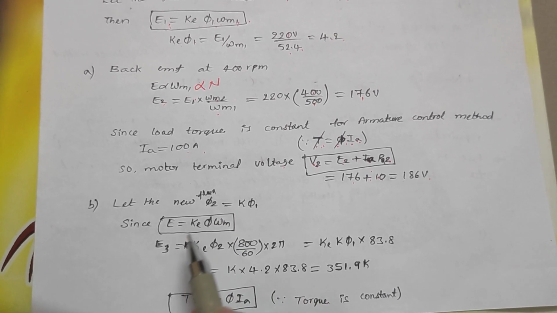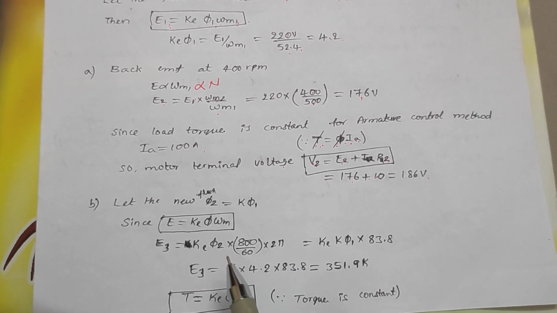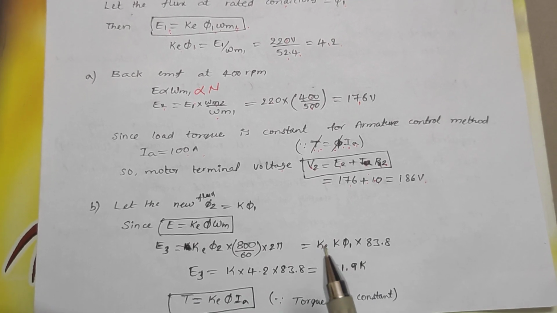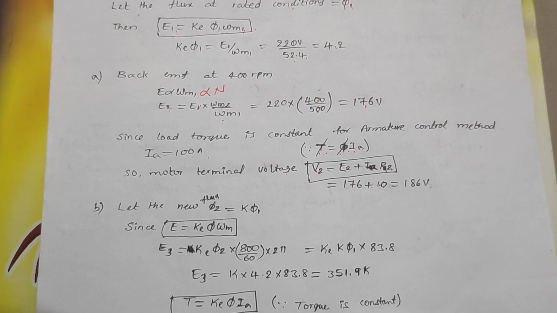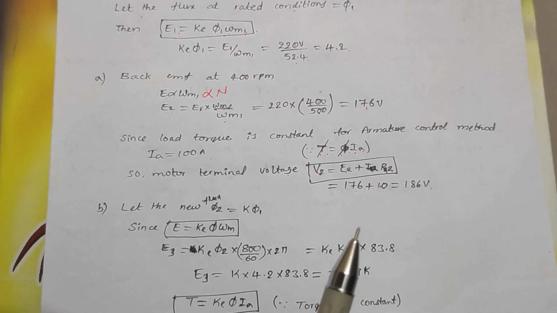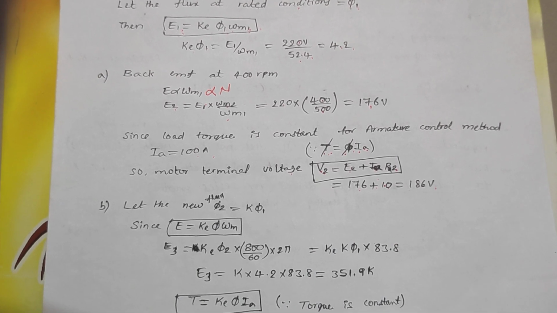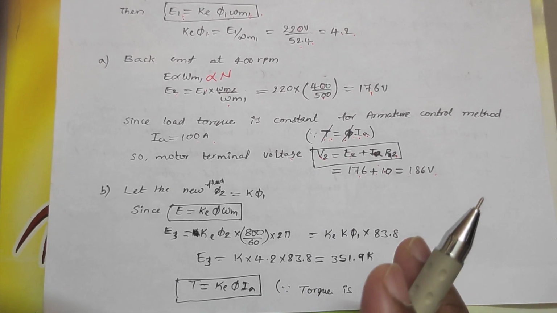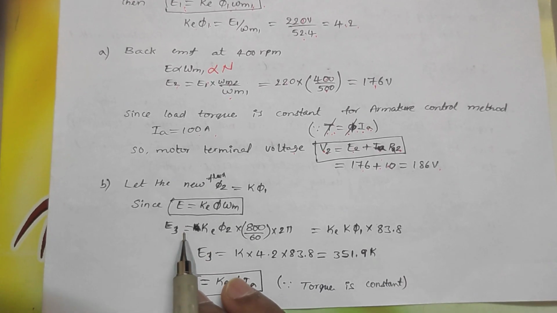So the new back EMF with respect to the new speed of 800 rpm: the speed has been increased to 800 rpm, and corresponding to that speed, we need to find out the back EMF. Whenever the speed is changing, we need to identify the corresponding back EMF. That may be useful somewhere while solving the problem. So that's what we are doing here.